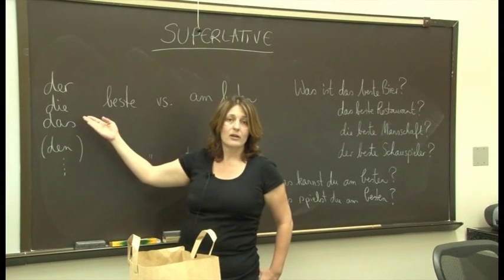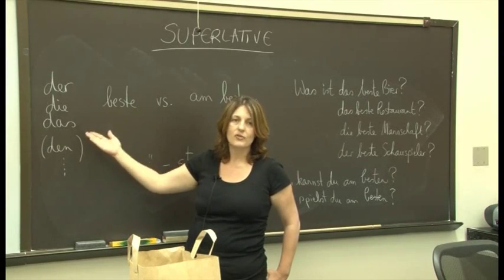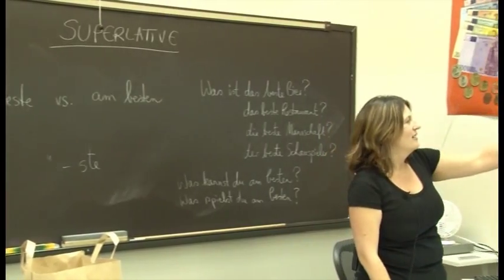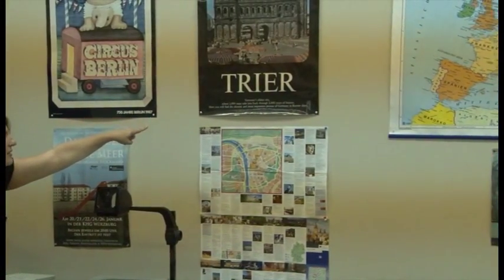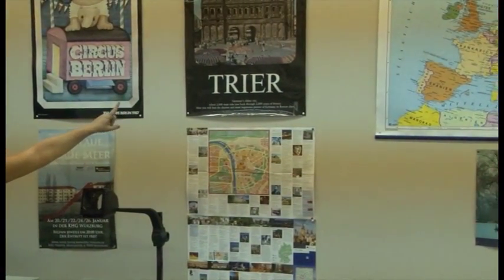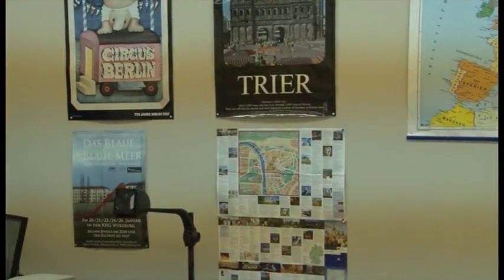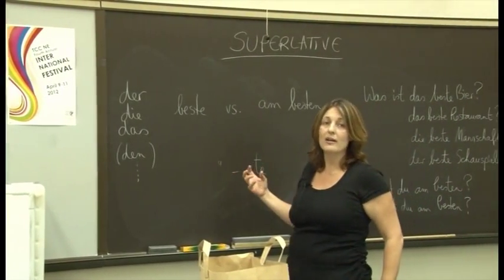Die Stadt, okay, was ist die älteste Stadt Deutschlands? Schaut mal hierher. Das Poster da. Trier. And what does it say there? Germany's oldest city. Trier ist die älteste Stadt Deutschlands. Die älteste Stadt. So again, why did we use die? Because our noun is Stadt.